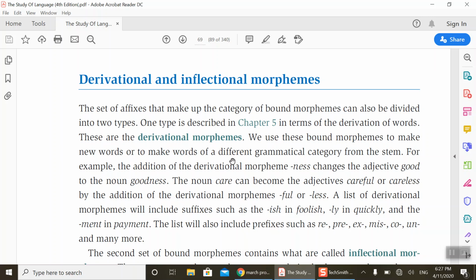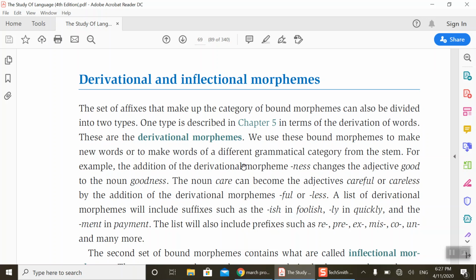Or to make words of a different grammatical category from the stem. So when we want to make new words, or words of a different grammatical category, for example, we change from noun to verb, from verb to adjective, from verb to noun.